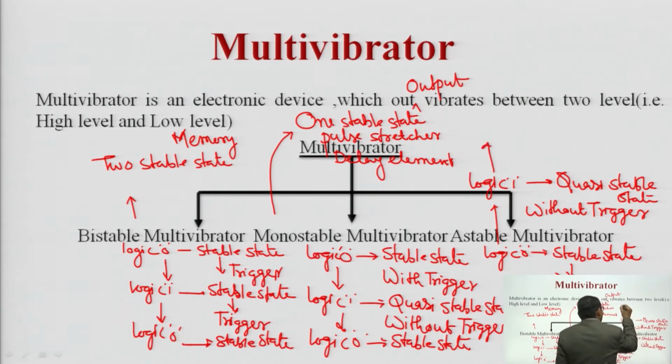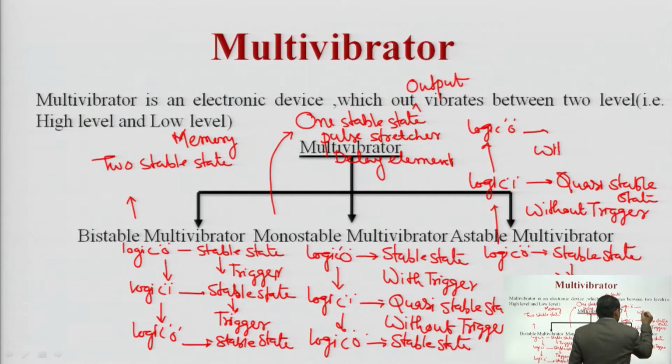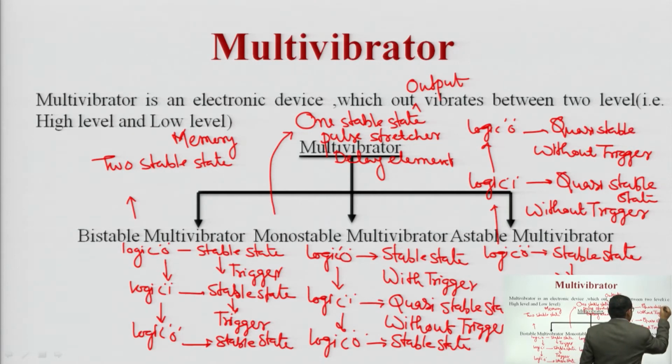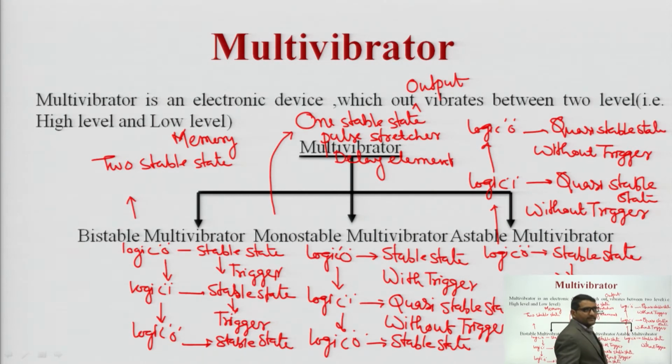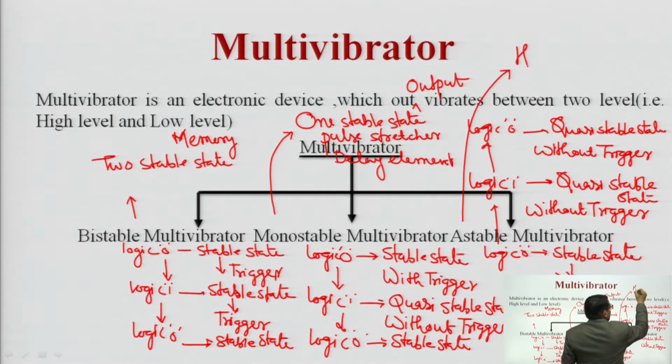Again, without trigger, it jumps to logic 0, which is also a quasi-stable state. It means an astable multivibrator has no stable state.